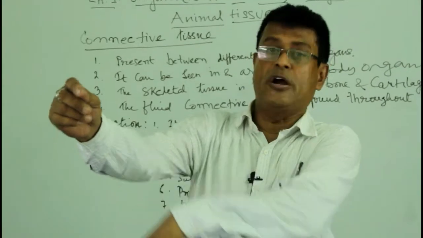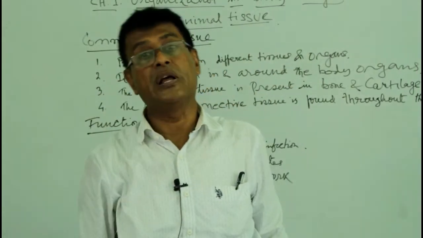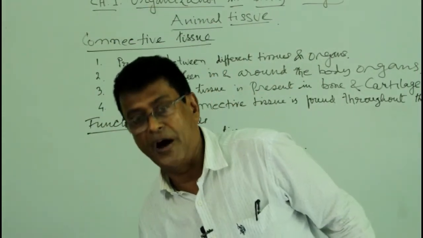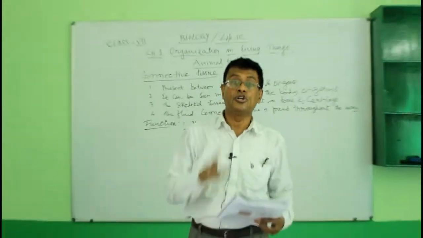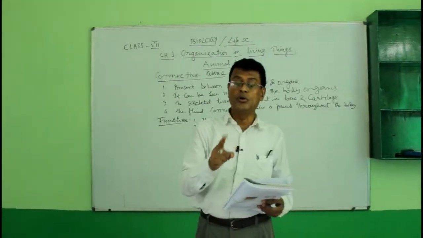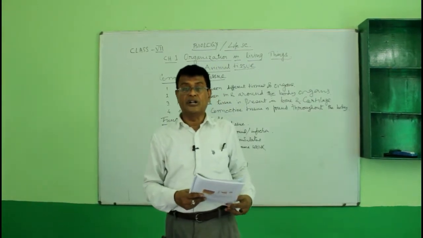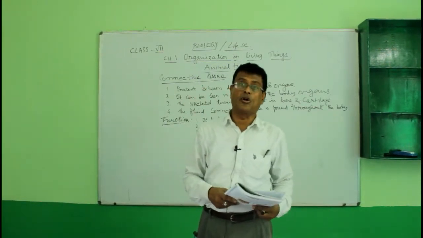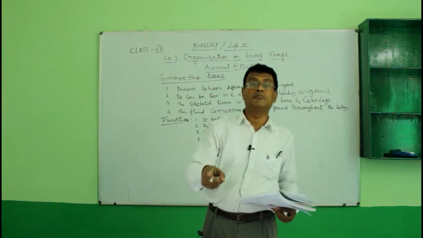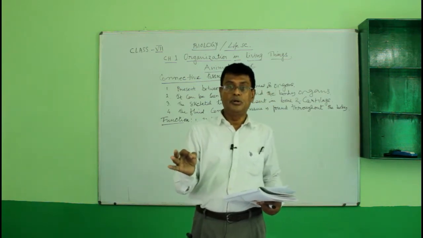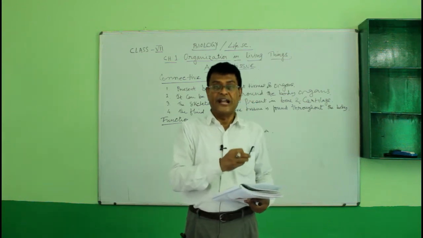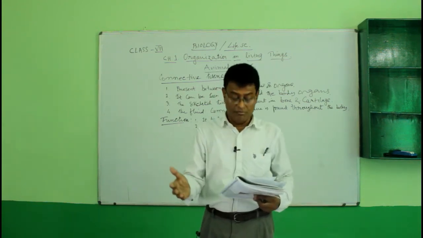These two are joined by a strip which is known as ligament. Here also, in your knee and all, the ligaments are there. So ligaments join bone to bone, and another one you will get later on is known as tendon. Tendon joins bones to muscles.